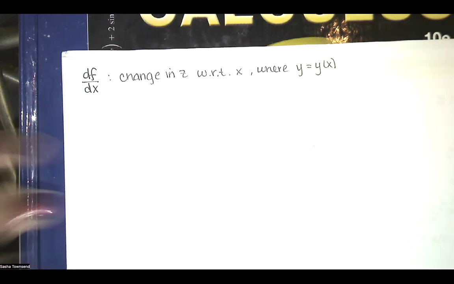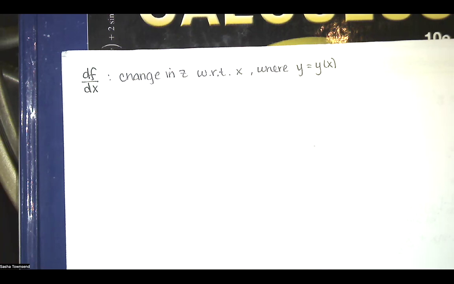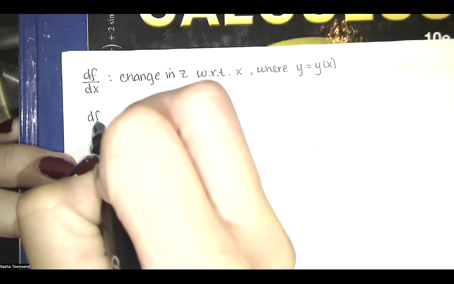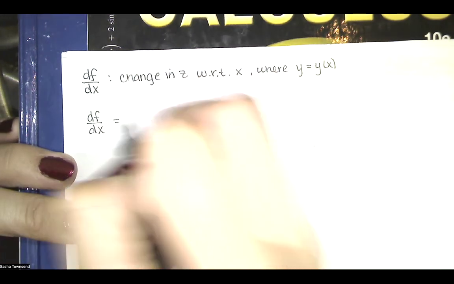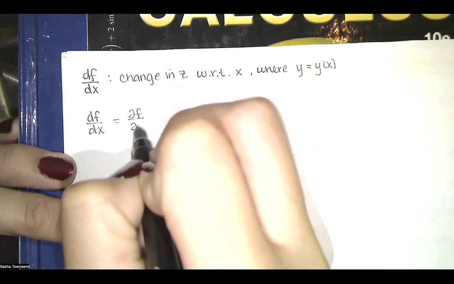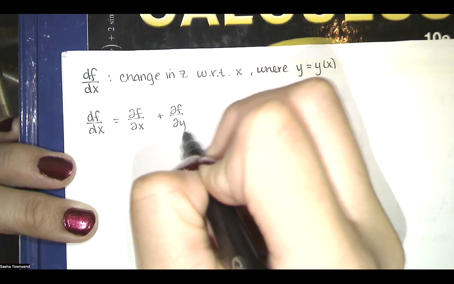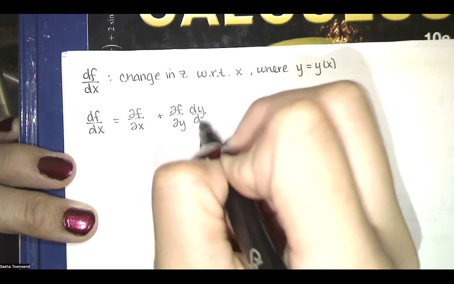So now rather than having two independent variables, x and y, I've got x, which is independent, and y, which depends on x. Then in that case, what I would have is the partial derivative of f with respect to x plus the partial derivative of f with respect to y times dy dx.